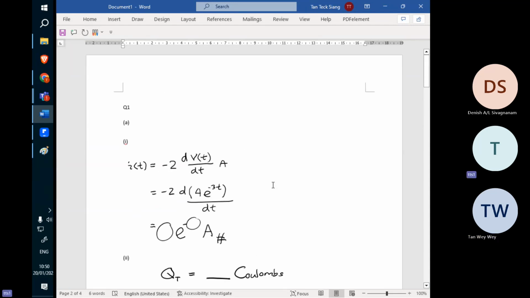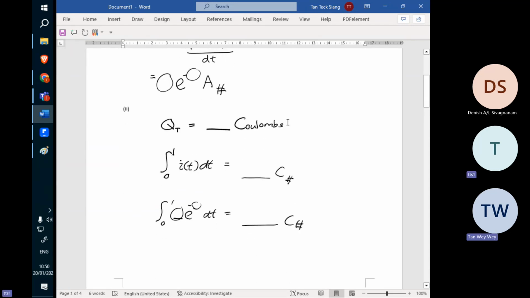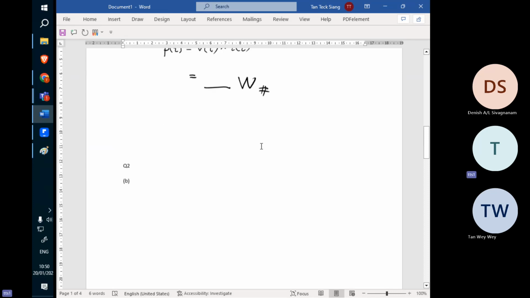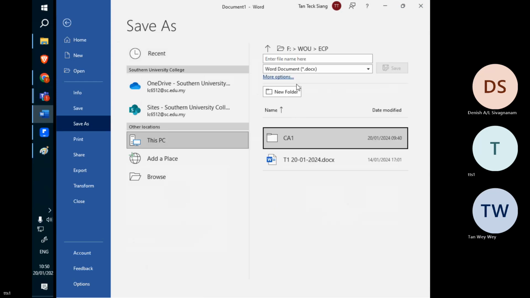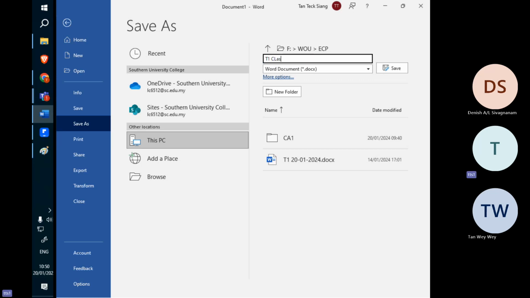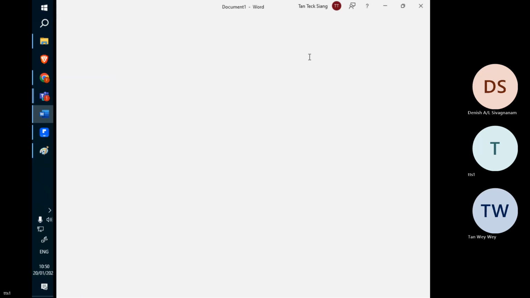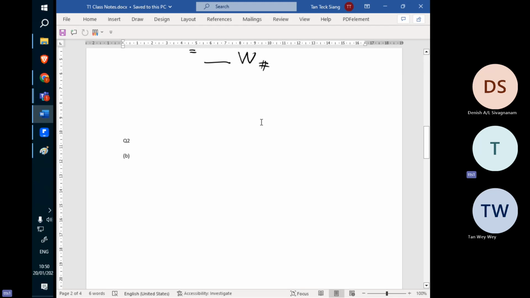This is not the easiest one. The next easiest one is here, Q1B.